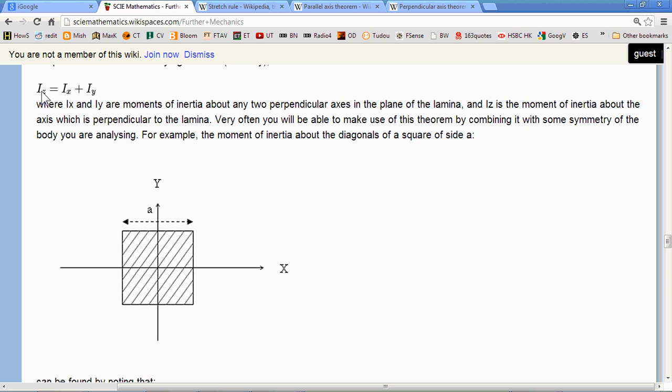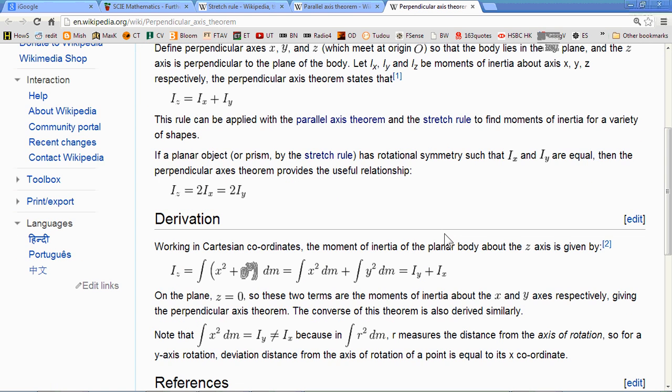Then the moment of inertia about the axis which is perpendicular to both of those, so imagine a z-axis coming out of the screen, because that axis is perpendicular to y and x, then you can find that moment of inertia simply by adding the two moments of inertia about x and y, and that's called the perpendicular axis theorem, which is given here.